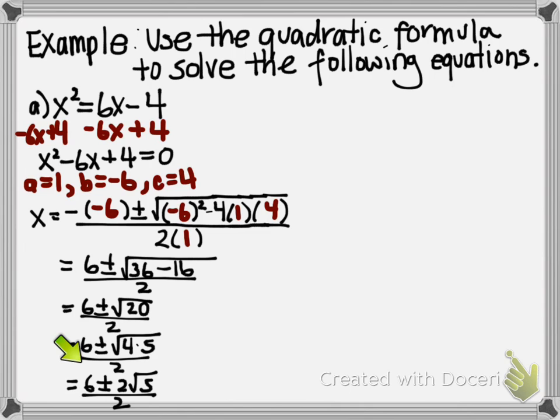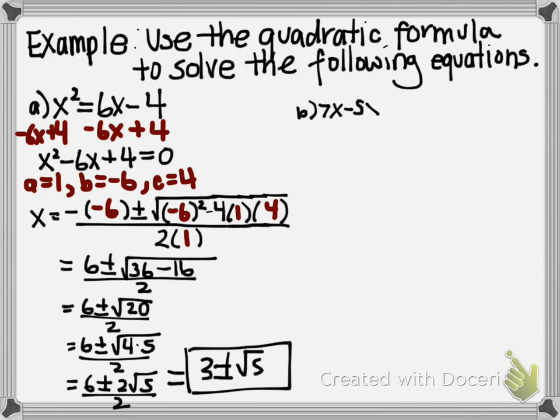Since 6 and 2 are divisible by 2, the 6 becomes a 3. The 2 square root of 5 is just square root of 5, and the 2 becomes a denominator of 1, which we don't have to write out. So it'll just be 3 plus or minus square root of 5.